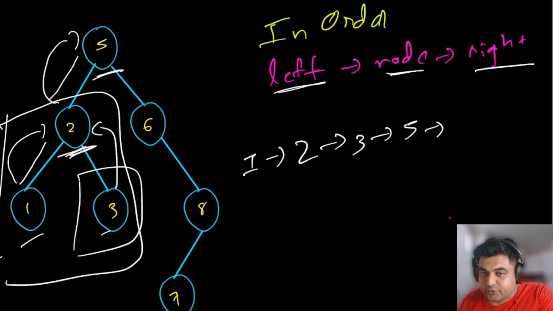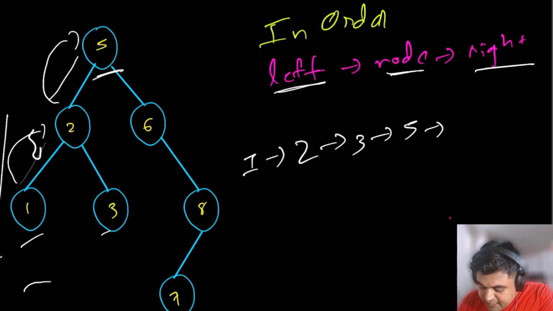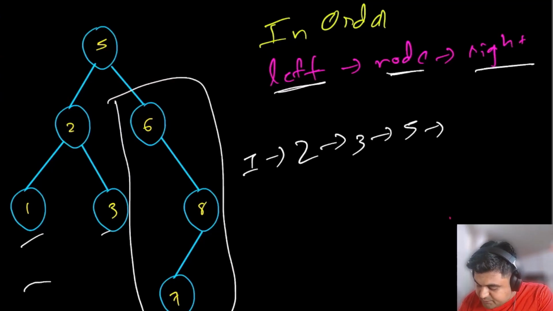Then again, we are going to repeat the same thing. Even for node number 5, it still has elements on the right side of the subtree that we haven't visited. So we are going to repeat the left, node, right technique for the entirety of the right subtree. Since node number 6 does not have anything on its left side, we are going to visit node number 6.